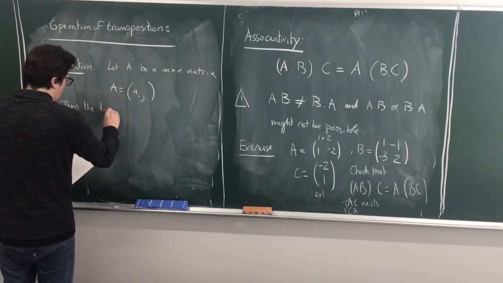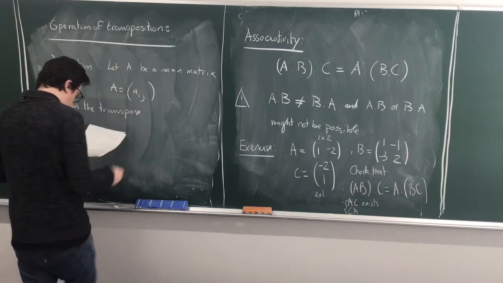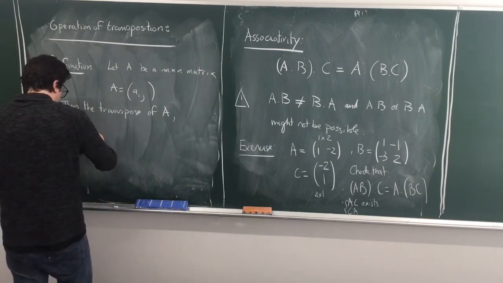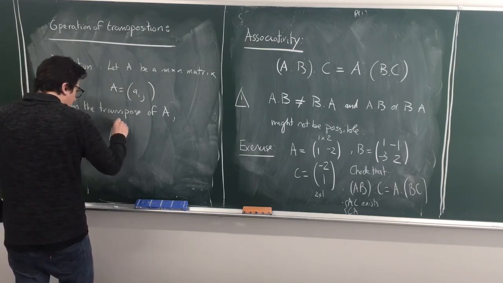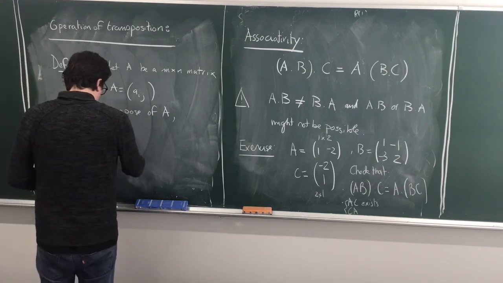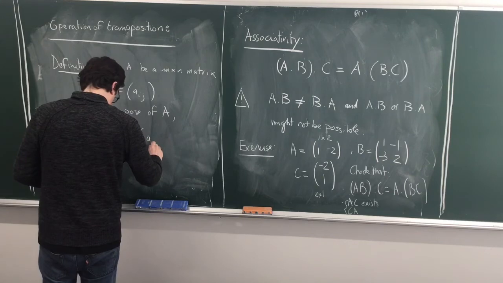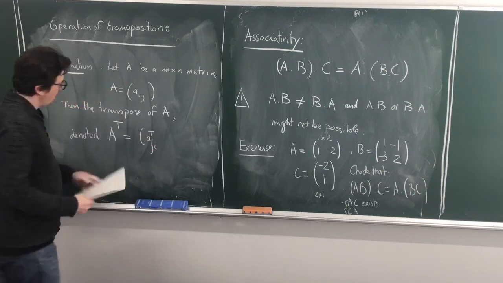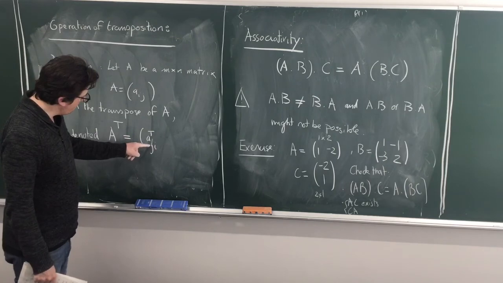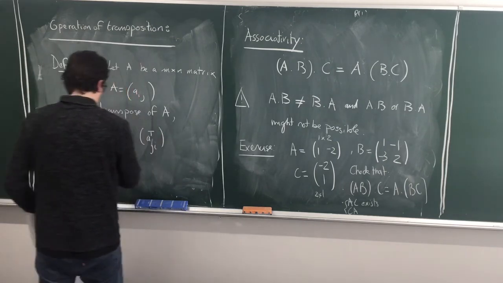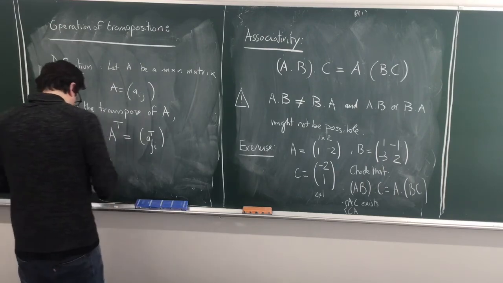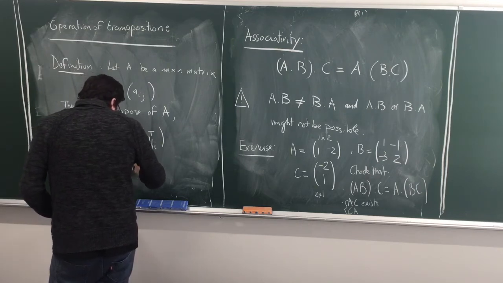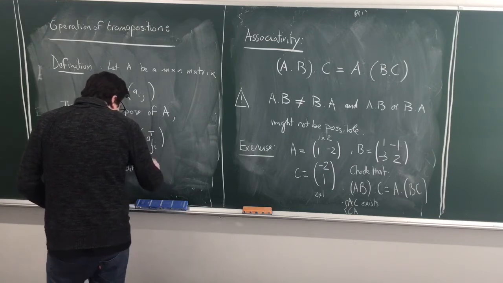The transpose of A, denoted A with an exponent capital T, will be the matrix with entries a^T_ji, and the definition is: a^T_ji is just a_ij.